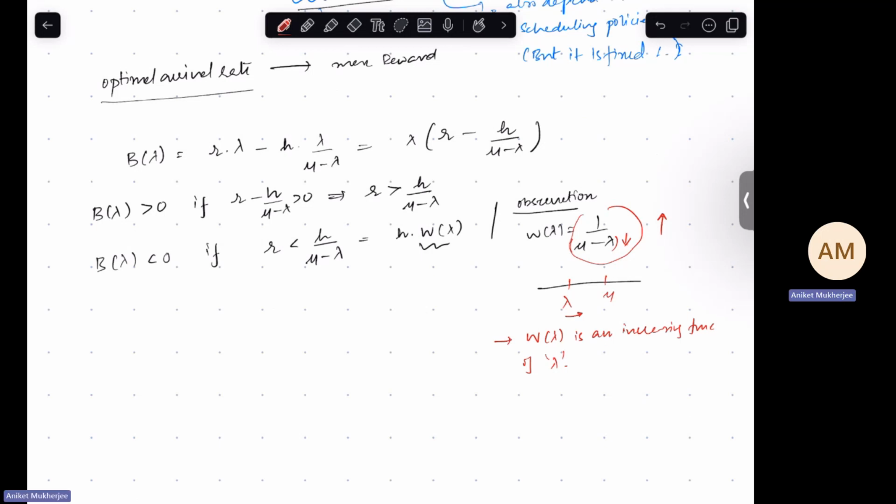Now, because W(lambda) is an increasing function of lambda, if R is less than or equal to H times W(0), this implies R is less than or equal to H times W(lambda), right?